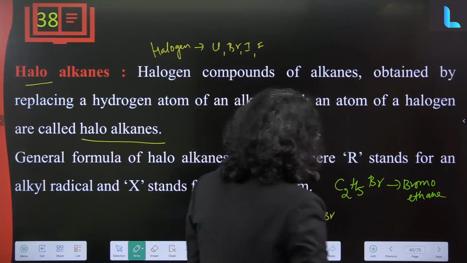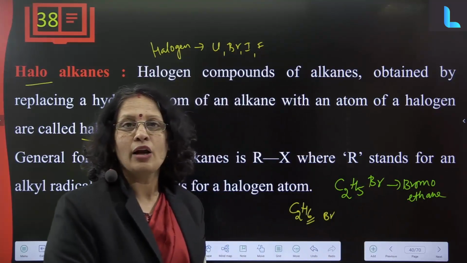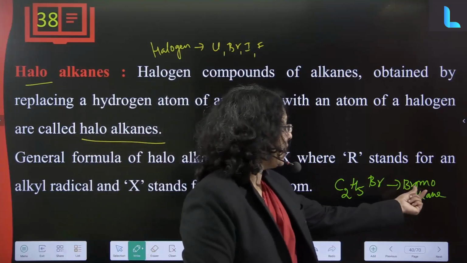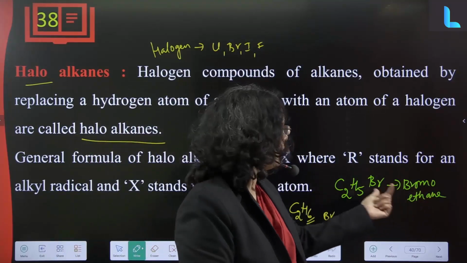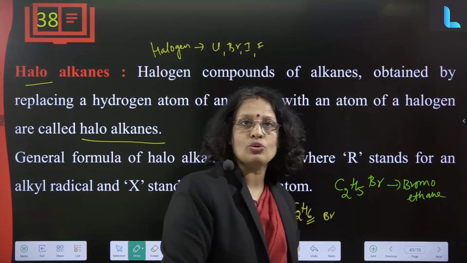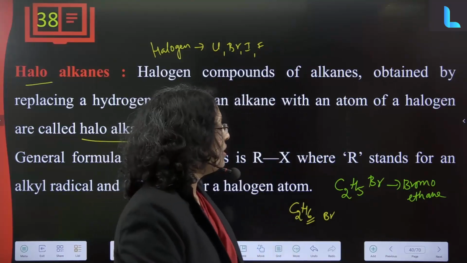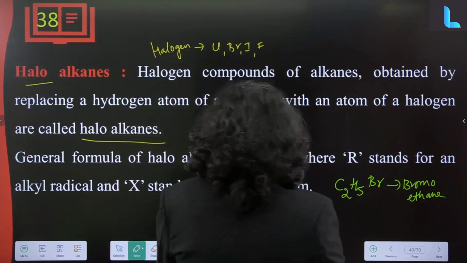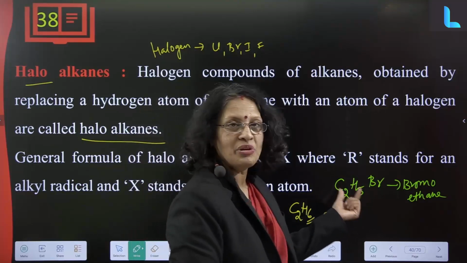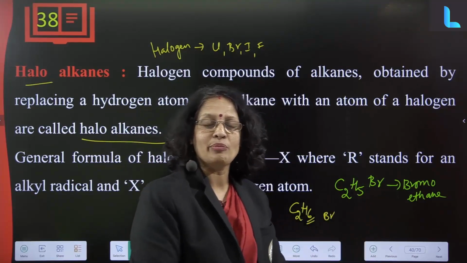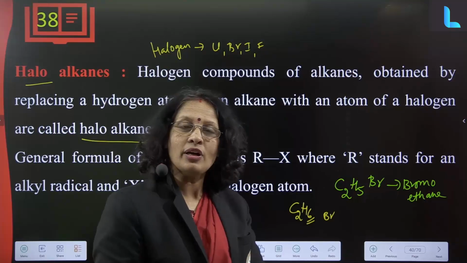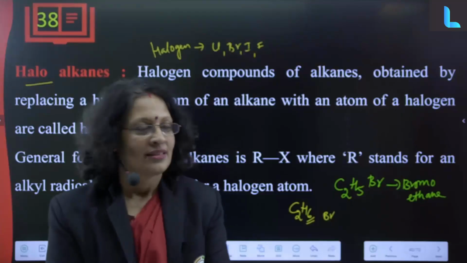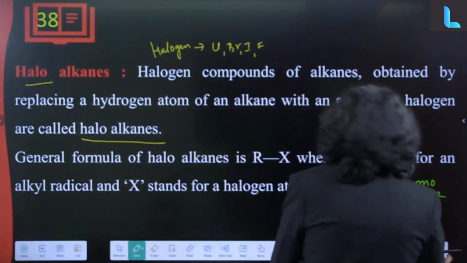This is called bromoethane, and that is a haloalkane. Halo means halogen, bromine is the halogen here, and the alkane group C2H5 is present. The alkane group can be ethyl, methyl, propyl, like that. Alkane is a common word for hydrocarbon. So we are talking about haloalkanes here.